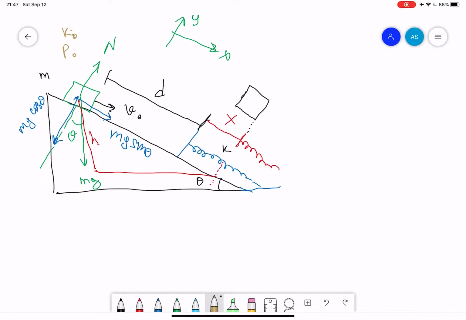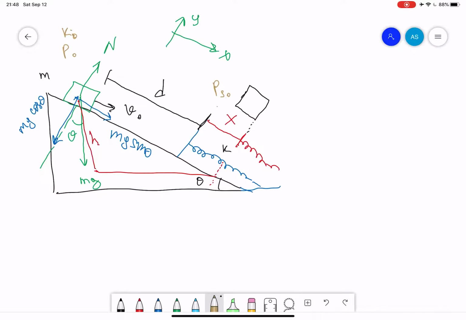Then at this point, before compressing the spring, we have the potential energy of the spring, which is initial, correct? It's not compressed yet.